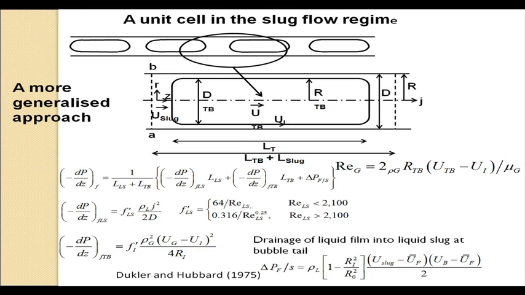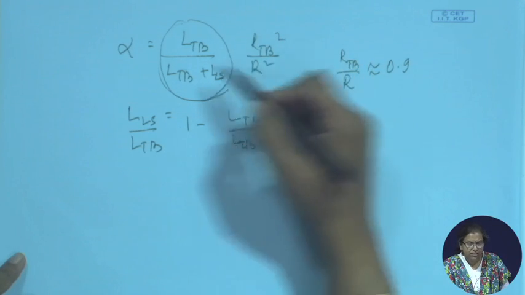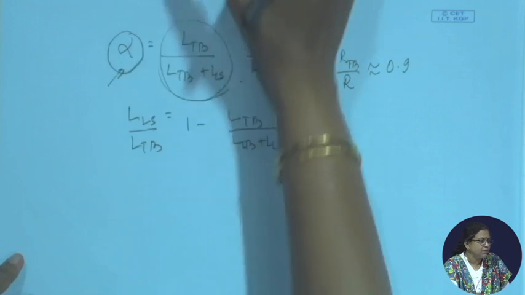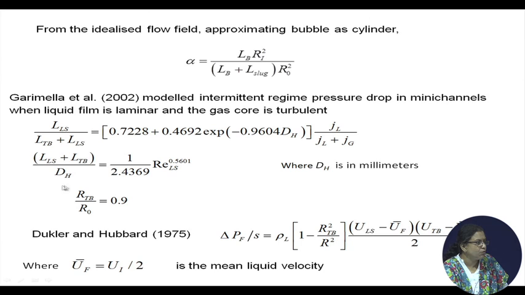Here I would also like to mention that even if we do not consider the value of alpha from experiments, we can find out the value of alpha from several correlations which are available, from which even without knowing alpha we can find out the relative lengths.